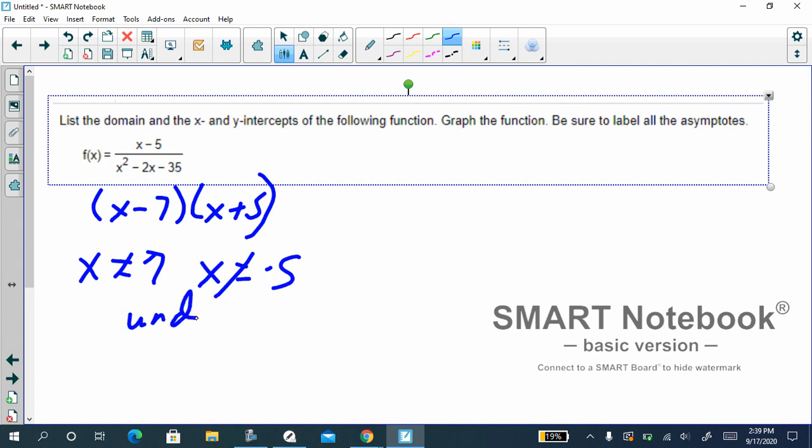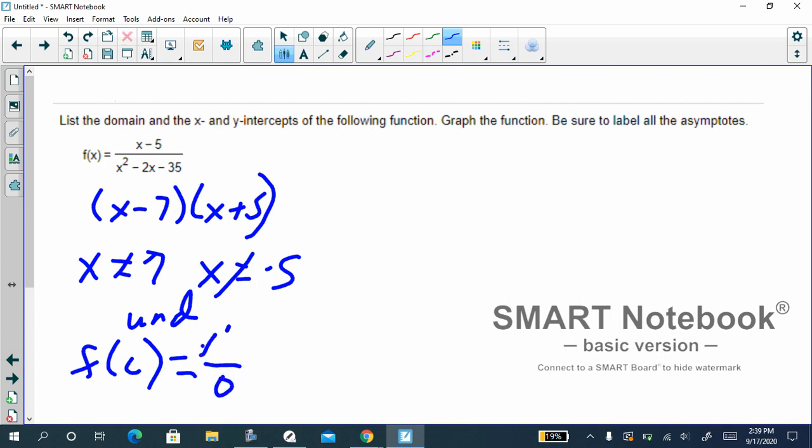Notice both of those are going to be vertical asymptotes, because for either one of those, if we plug them into the function f, they're going to make the bottom 0, but the top is some other number, something that's not 0. If we plug a 7 in, we get 2 on top. If we plug a -5 in, we get -10 on top. So anything else over 0 is a vertical asymptote.